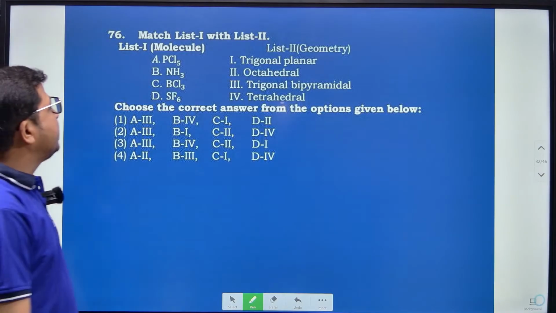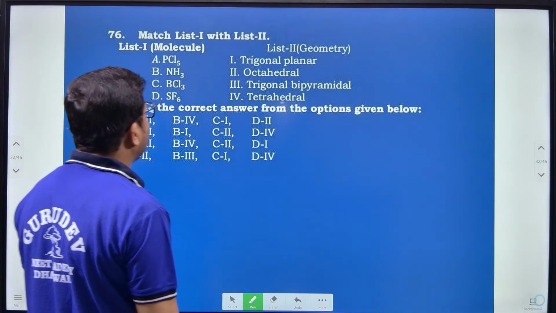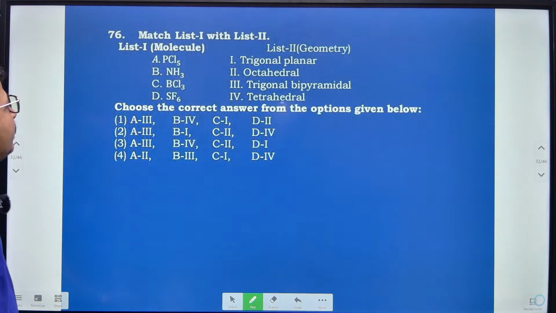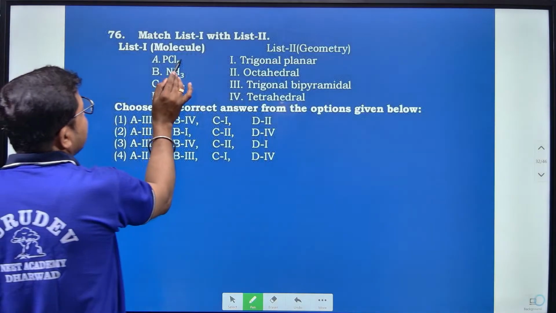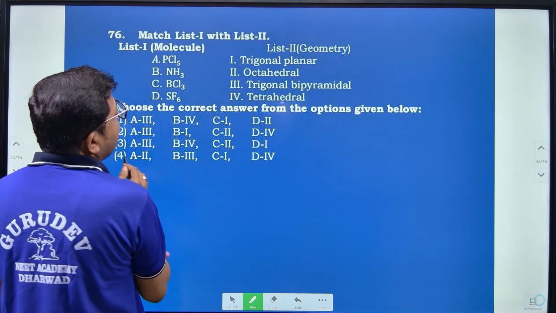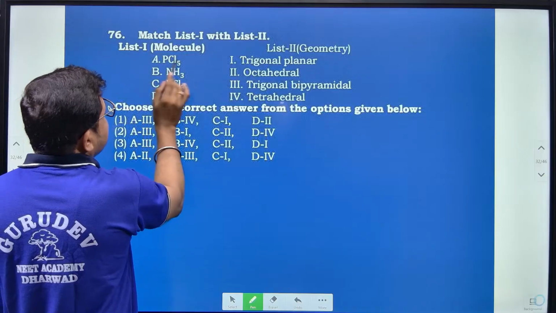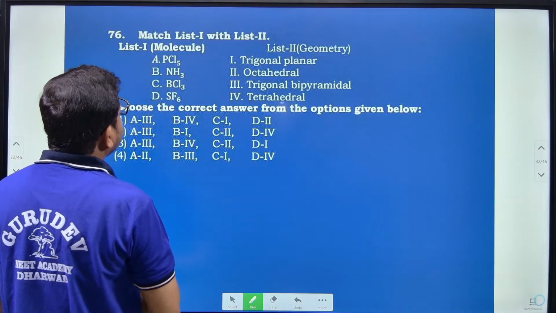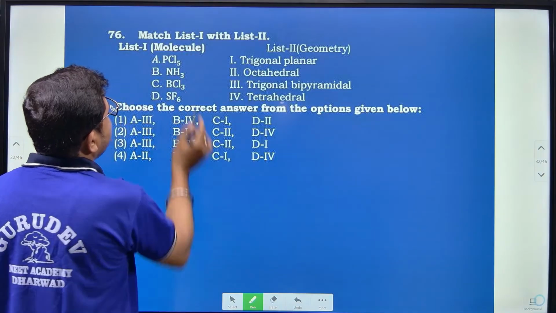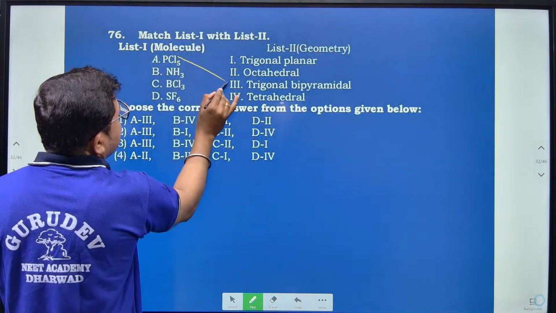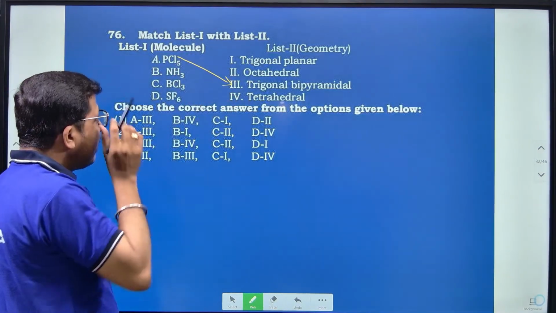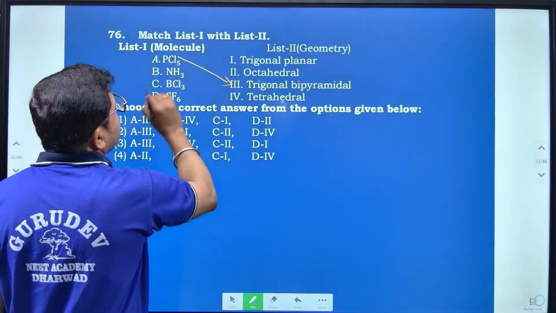Next, match list 1 with list 2. Simple. Look here. PCl5, previously I told that the structure is trigonal bipyramidal.